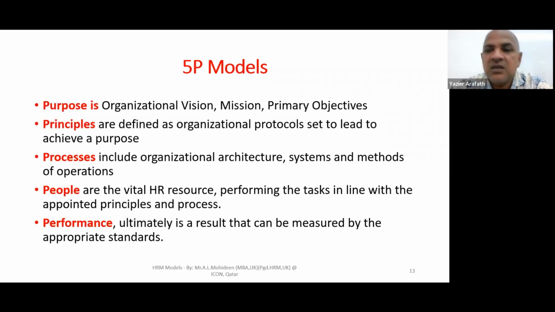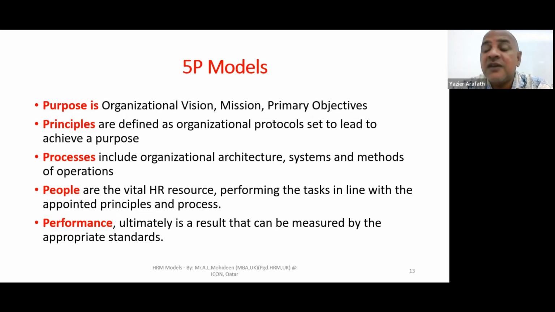Purpose: HR should understand the purpose of the organization. Vision, mission, primary objectives, everything should be understood. From the purpose, he has to define principles, so organizational protocol should be designed. From the principle, the process should be taken.